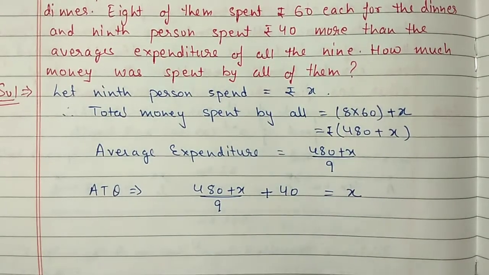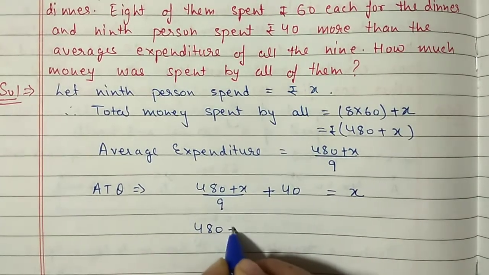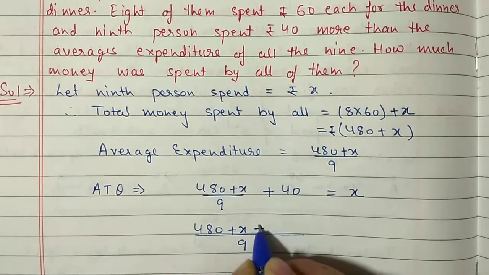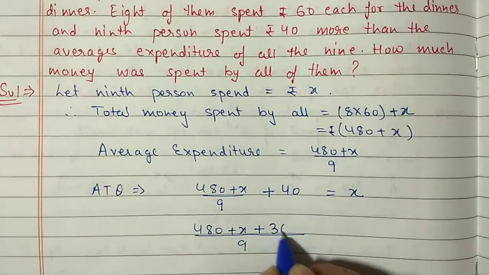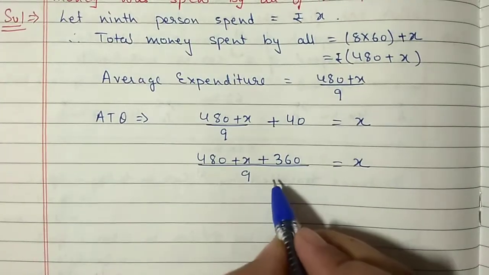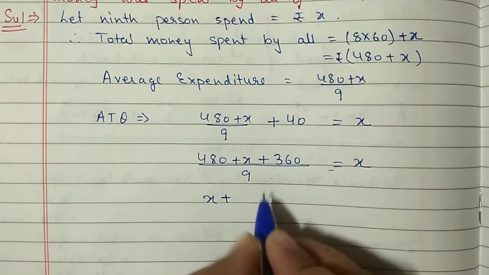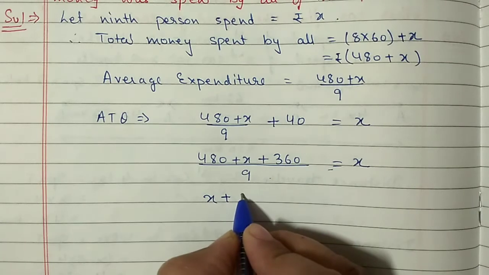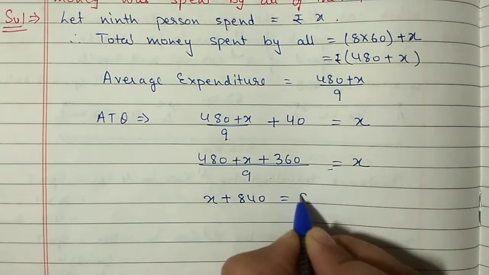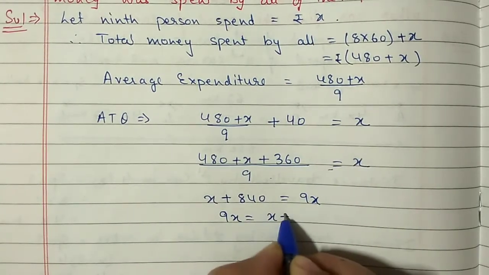Now we can simplify this. We can take LCM here. 480 plus x, LCM is 9. 9 we can multiply with this, so we will get 360 equal to 9x. Now this 9 we can shift to the other side, and here we will get x plus 840 equal to 9x, or we can write 9x is equal to x plus 840.